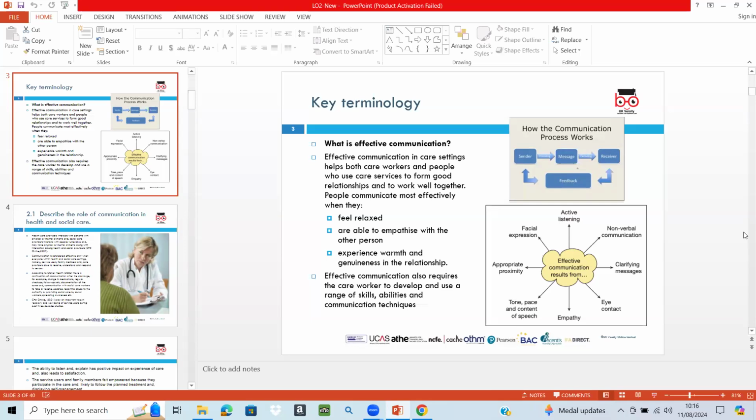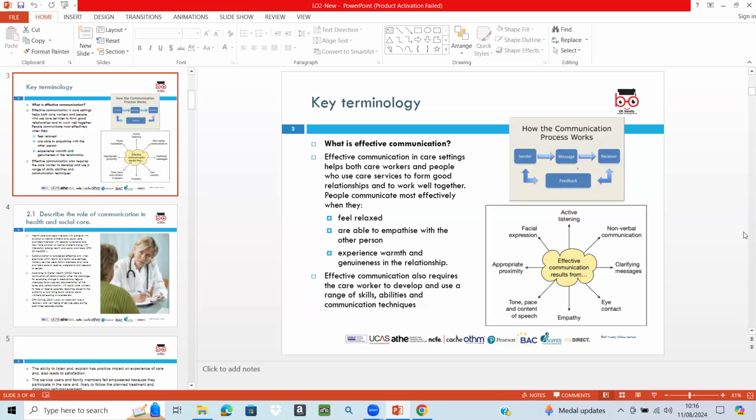As an example, when a doctor listens attentively to a service user's concern, it shows respect and empathy, which can make the service user feel valued and more likely to engage in their treatment. So this relationship forms the foundation of patient-centered care, and it is very important in the health and social care sector. So person-centered care would be applied.